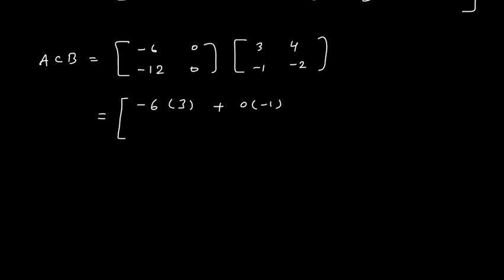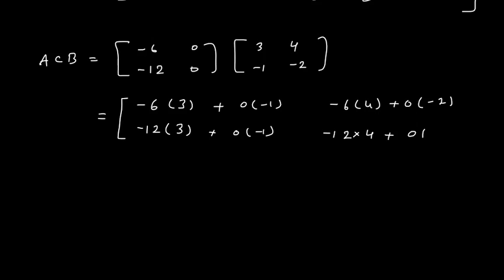Here we have minus 6 into 4 plus 0 into minus 2. Then here we have minus 12 into 3 plus 0 into minus 1, and here we have minus 12 into 4 plus 0 into minus 2.